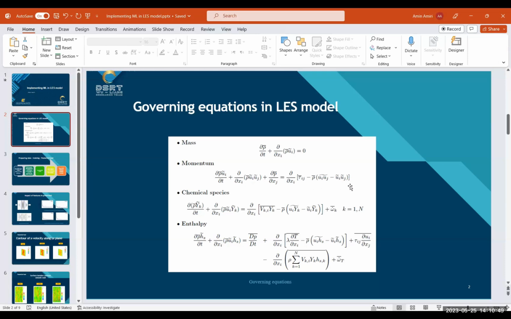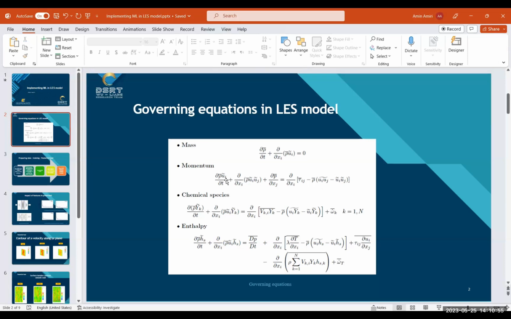How can we solve this problem? Because from the previous step we have the UI tilde and UJ tilde, and we have the pressure. But we don't have any information about this parameter.